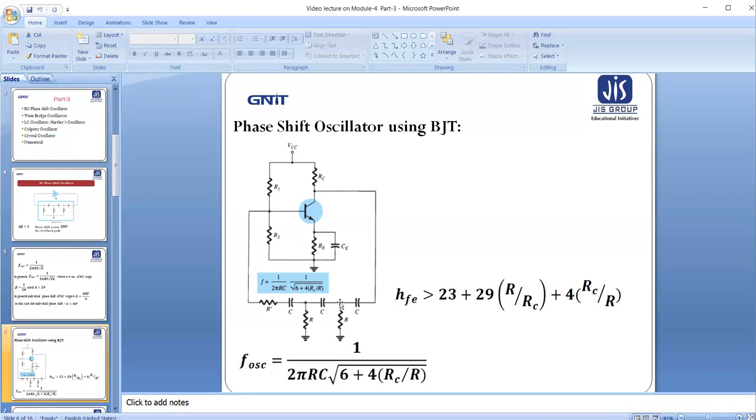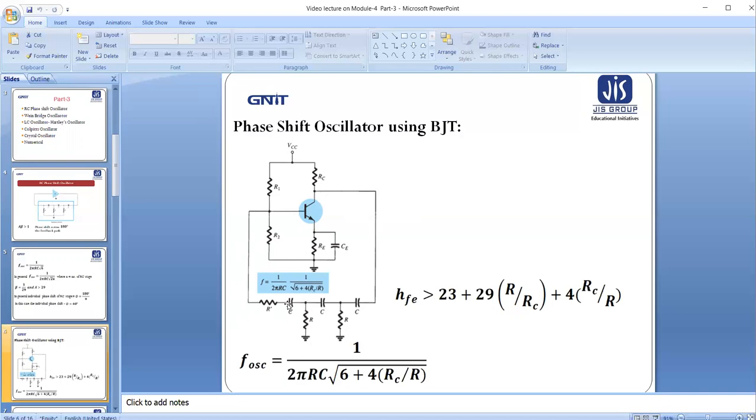This voltage has a phase shift of 60 degrees. Again, this voltage will be divided by the next CR network, and again it will produce another 60 degrees, making 120 degrees.